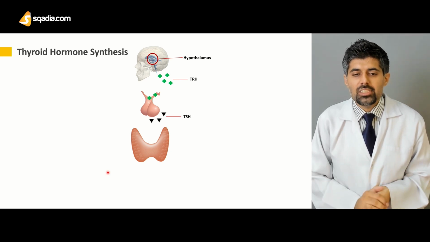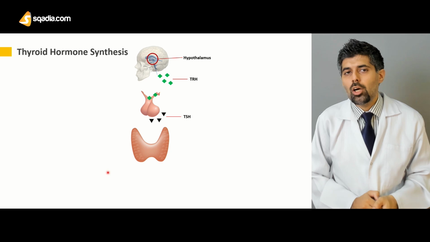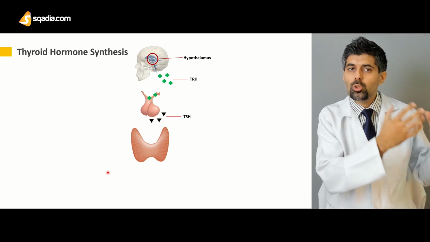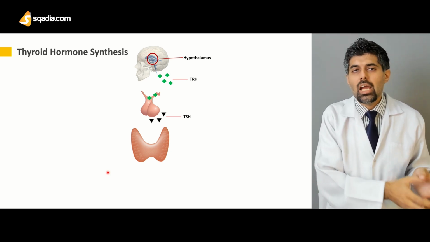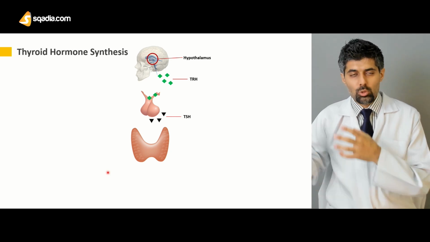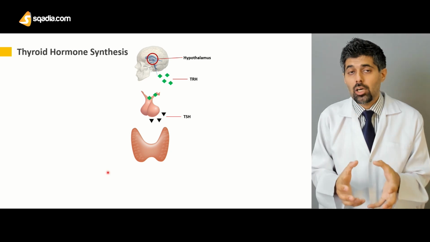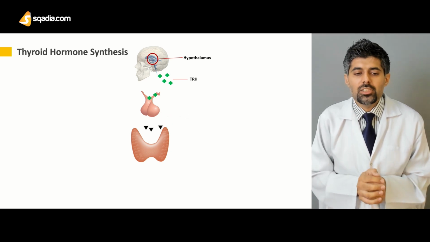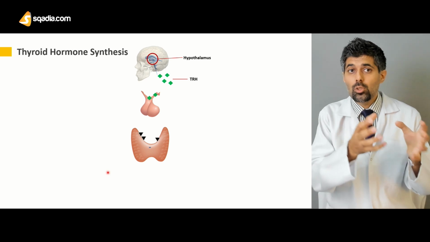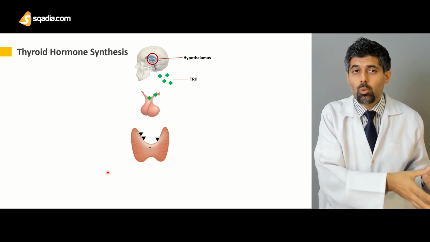And this TSH or the thyroid stimulating hormone moves through the systemic circulation, and when it gets in touch through the vascular nature or the vascular parenchyma of the thyroid gland, it attaches itself to the cells which are found there.